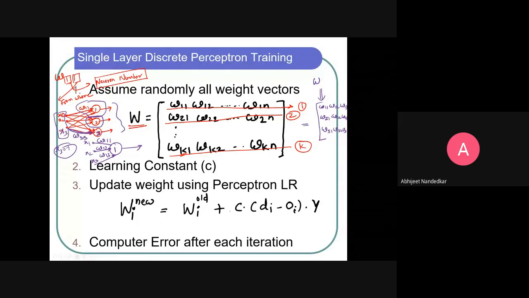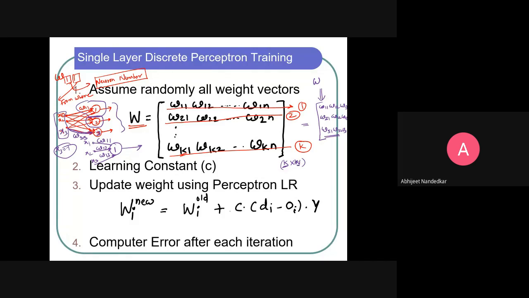Suppose you have 10 such neurons, then the number of rows will increase, and if you have many features, the number of columns will increase. So when I say the W matrix is of size K by N, it means there are K classes in my circuit and N dimensions.